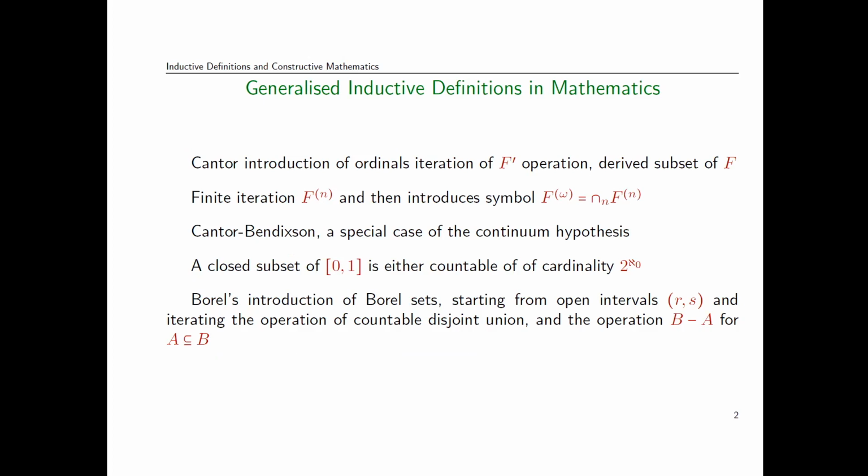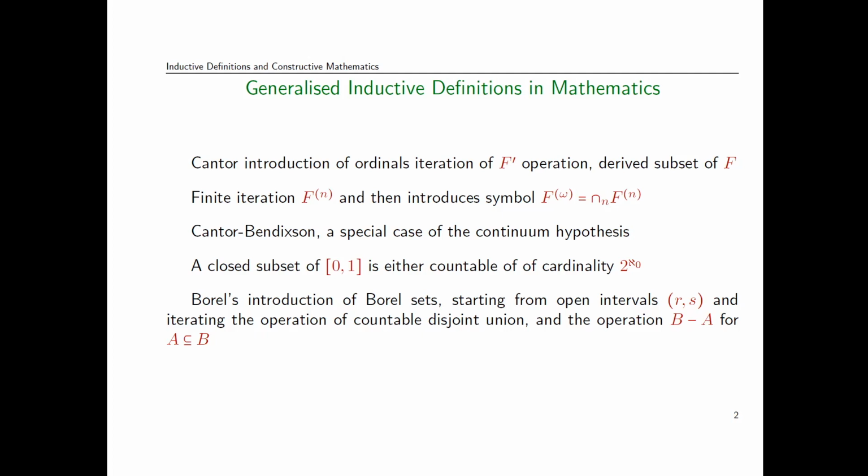That's this operation of the derived subset of F, the set of accumulation points of F, and if F is closed, F prime is a subset of F. Then it's natural to iterate this process, first finitely, and then if it doesn't stop after a finite number of steps, you get a decreasing sequence of non-empty closed subsets, and you can take the countable intersection. And Cantor introduced a symbol for representing this. It was omega, and that was the birth of ordinals.